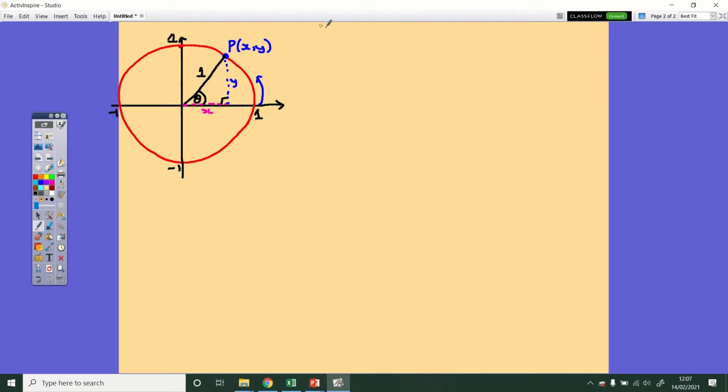Right, now using the definitions that we've looked at before, we can work out what x and y are in terms of the trigonometric functions. So maybe let's draw this triangle again. Okay, so if we recall then that sine of theta, where theta is the angle in here, is the opposite side, which is y, divided by the hypotenuse, which is just 1.